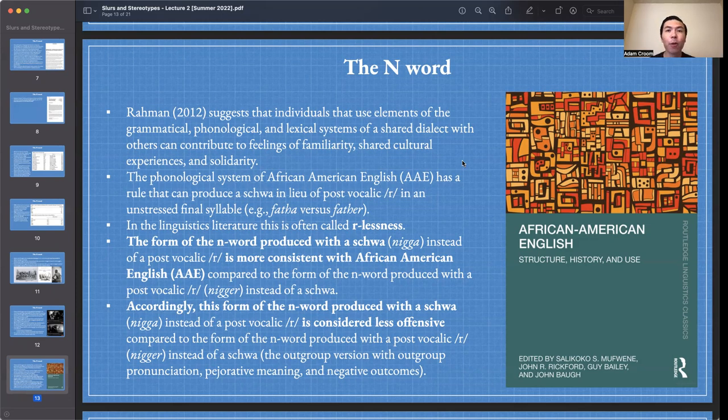Whereas the R-less version is more associated with the in-group version, with in-group pronunciation, non-pejorative meanings, and positive outcomes.